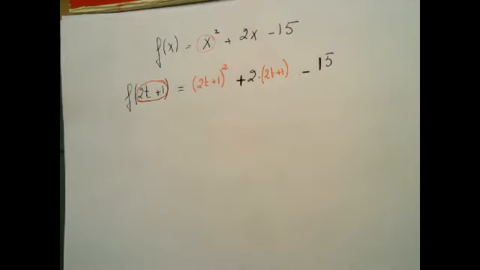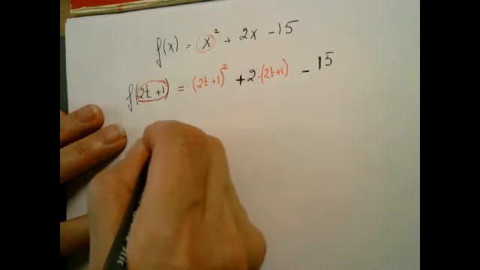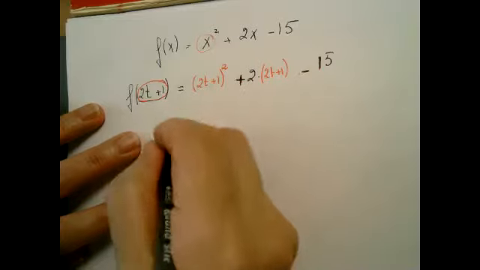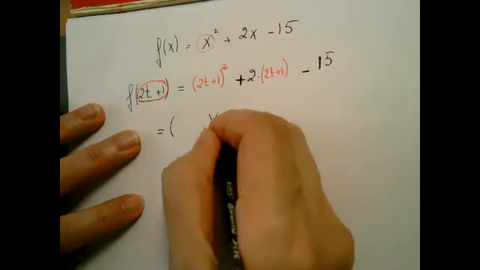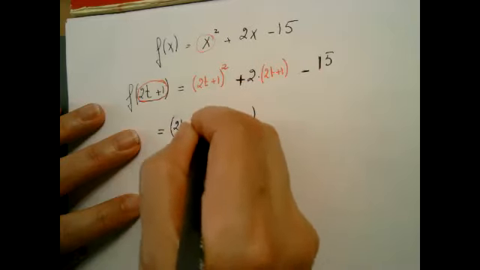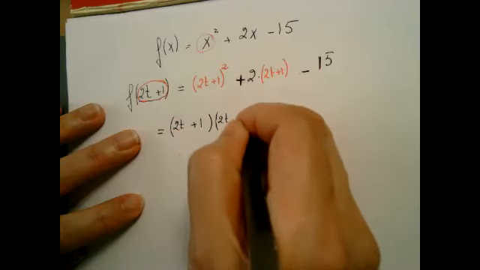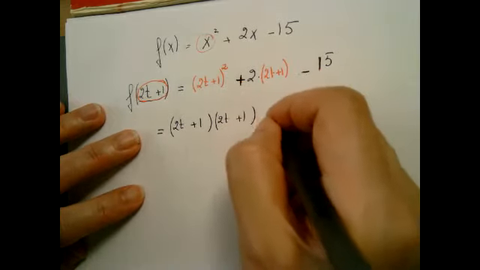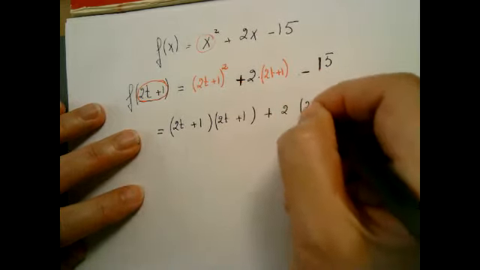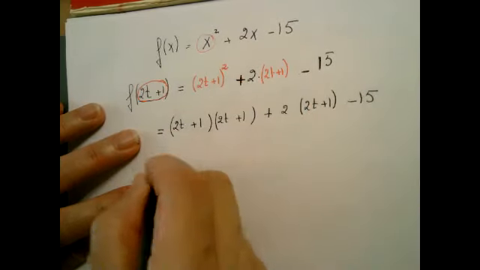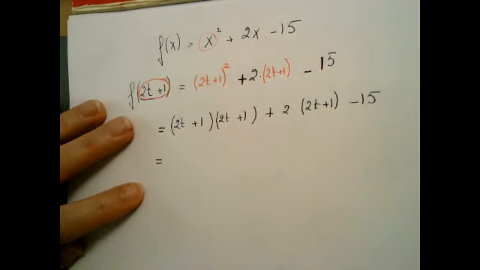It means I want this to be simplified. How shall I simplify it? What's 2t plus 1 squared? 2t plus 1 squared is 2t plus 1 multiplied by 2t plus 1, plus 2 times 2t plus 1, minus 50. Then I will distribute everything.